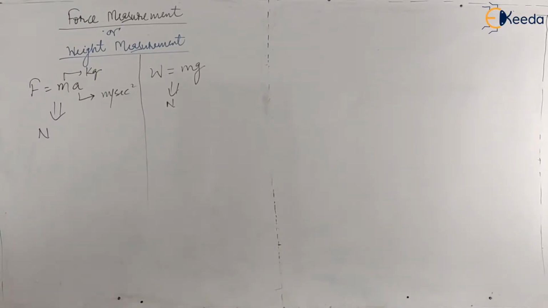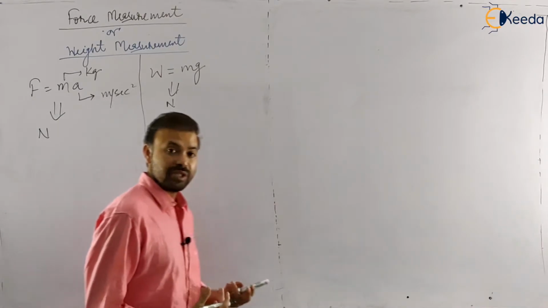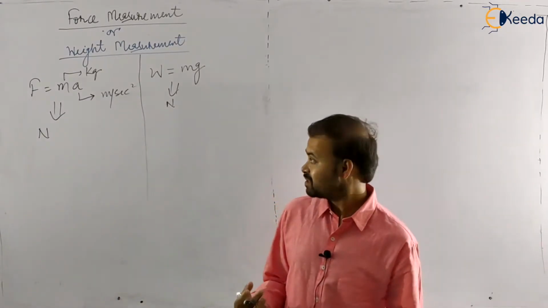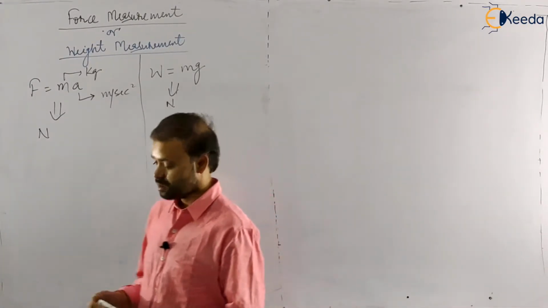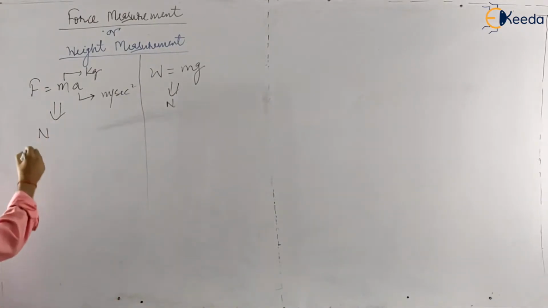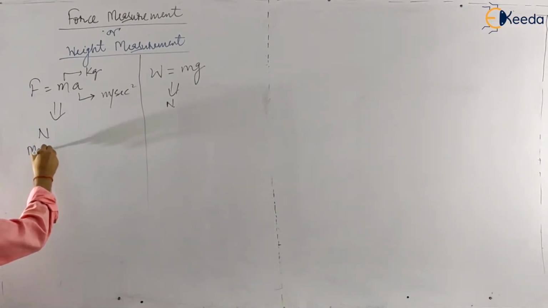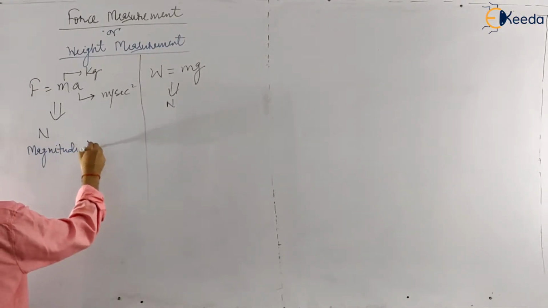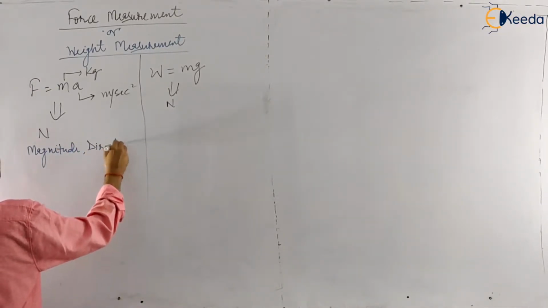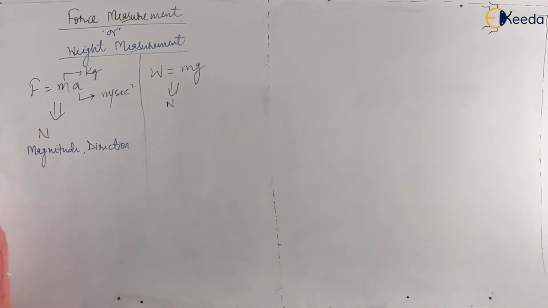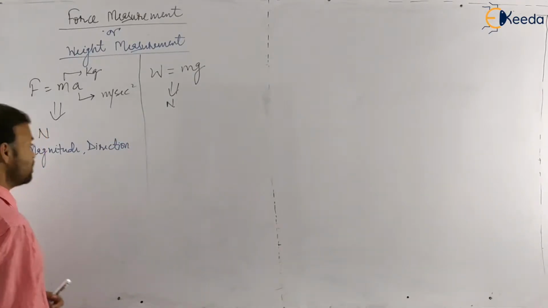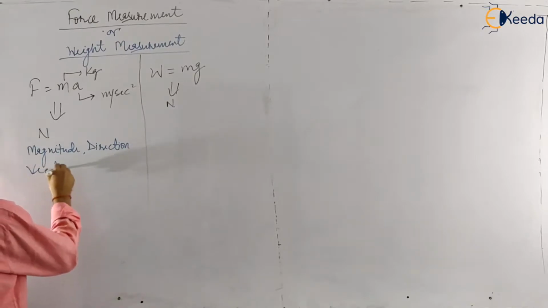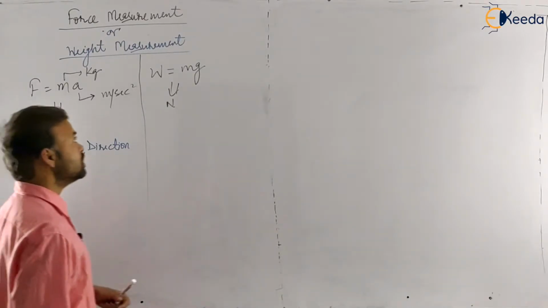Both are force, and the difference between these two is that force has magnitude as well as direction. So this is a vector quantity.